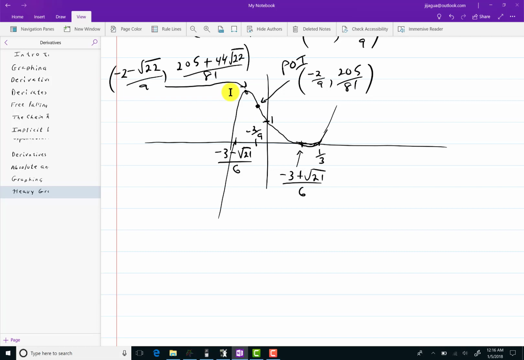And then the local minimum, if I put it down in here, see if I can snake some arrow into there. I should probably not put it there. Let me take that out.